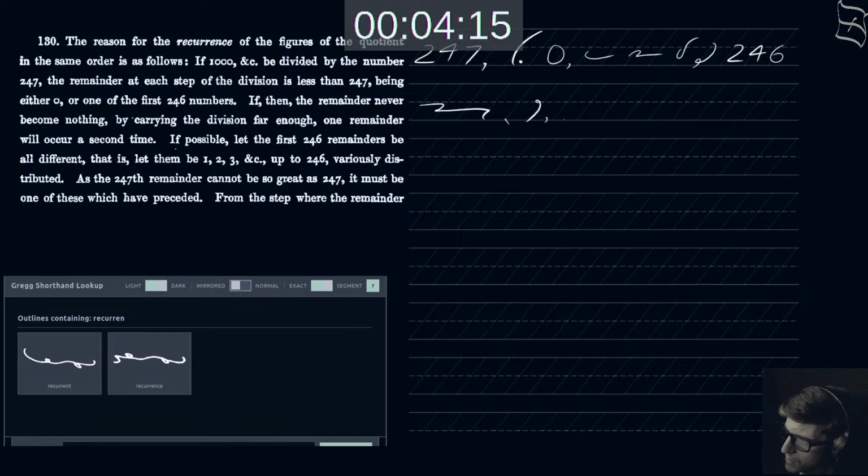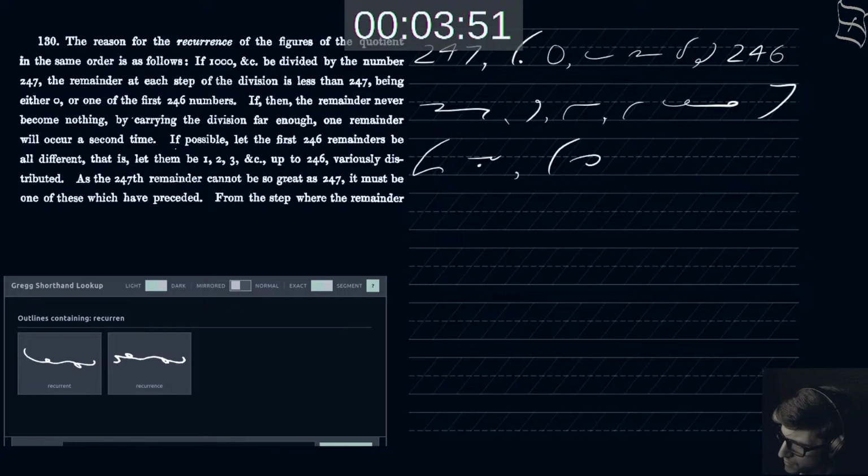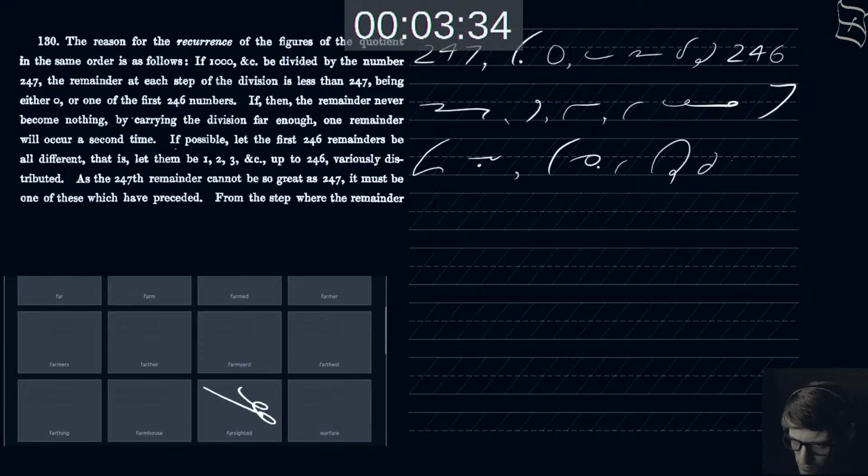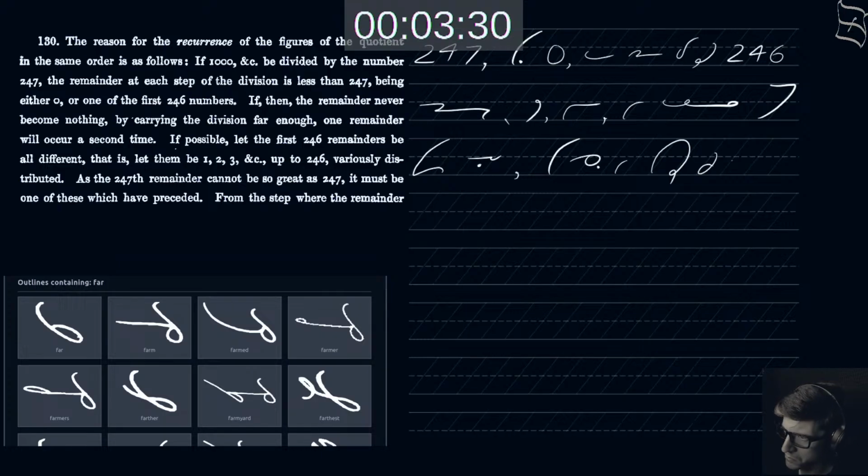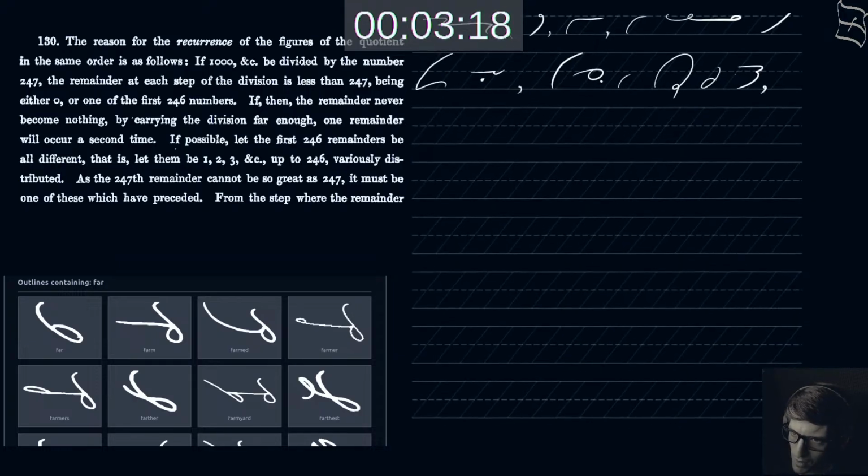by carrying the division far enough, one remainder will occur a second time.